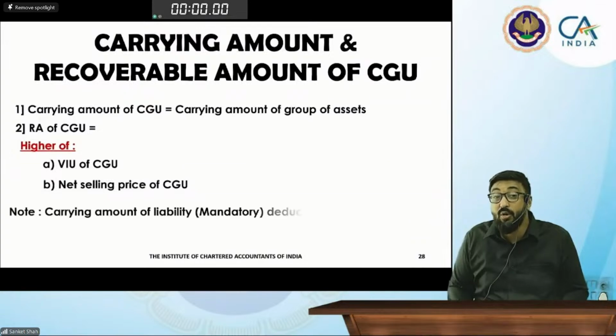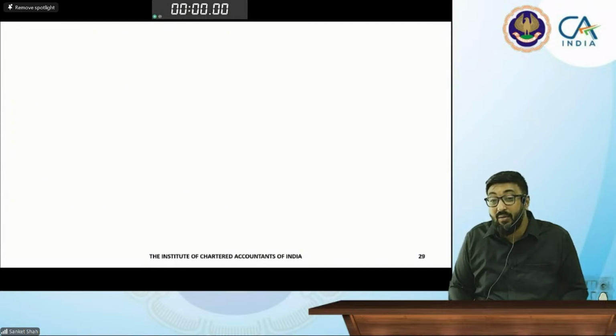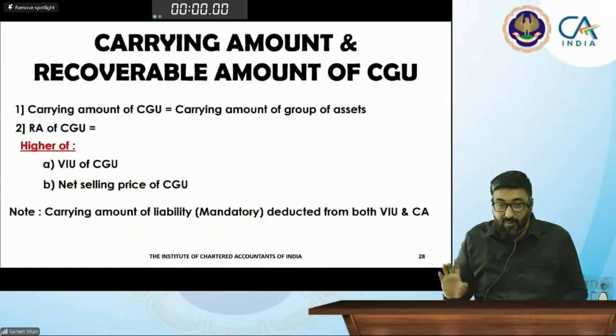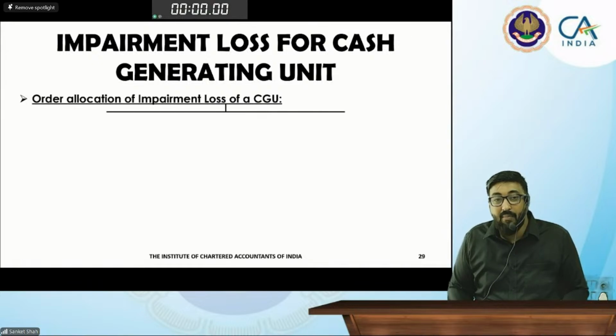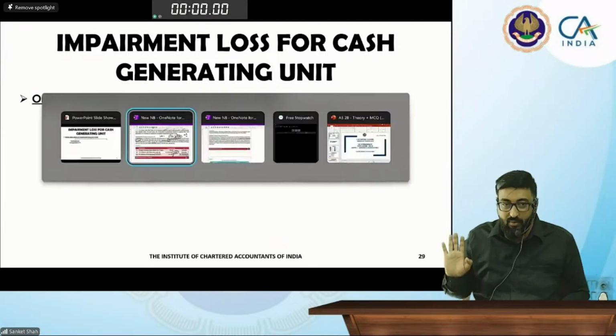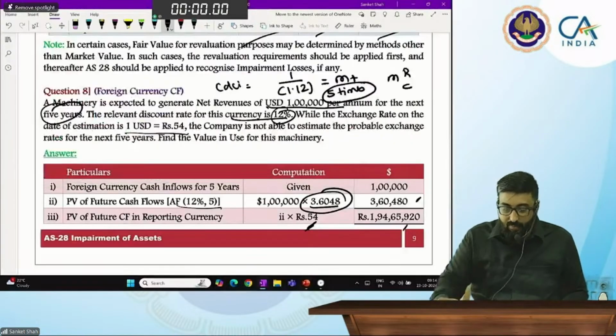Whole CGU, you are going to sell it. And carrying amount of liability is mandatory to deduct from the value in use. That I will explain you. Don't worry. Impairment, order of allocation. First, you will impair with goodwill. Now, wait. I will explain the concept afterwards.